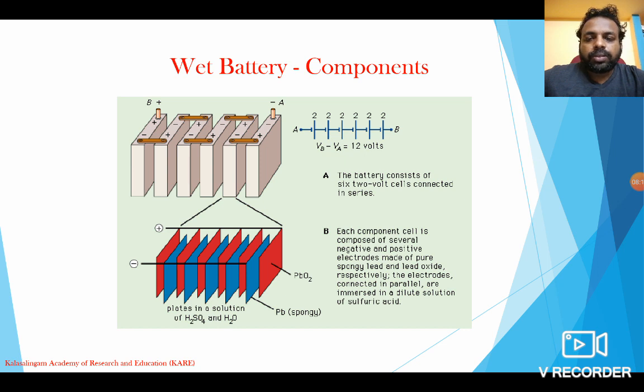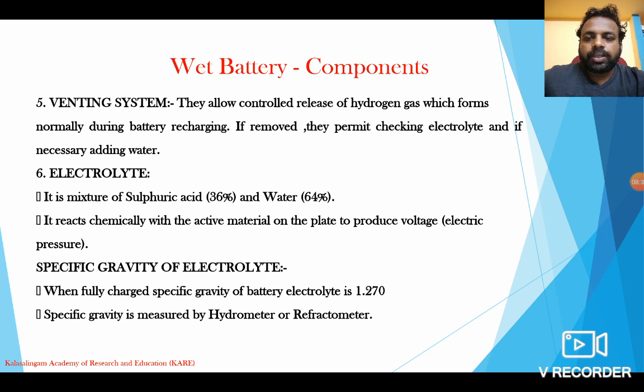So totally the battery produces 12-volt power output during the discharge. Here you have 6 cells, each cell creates 2 volts, so the battery is able to deliver 12 volts of power. These are some important components.